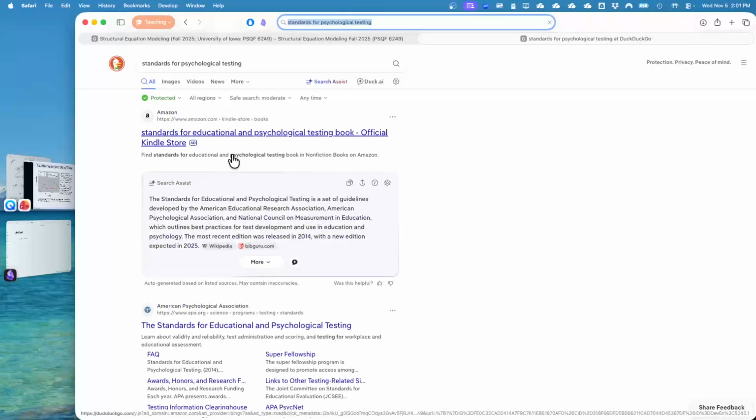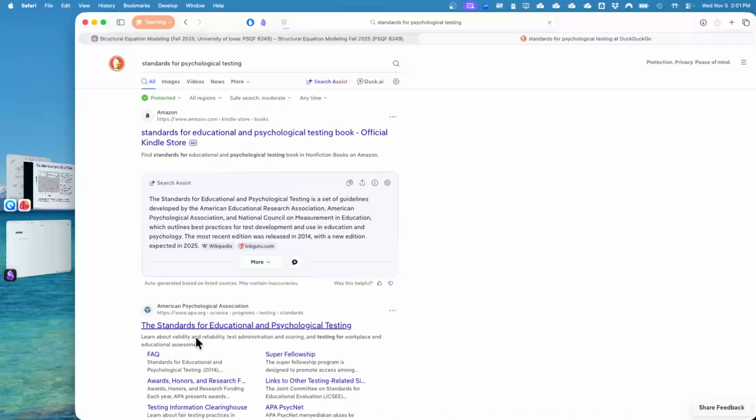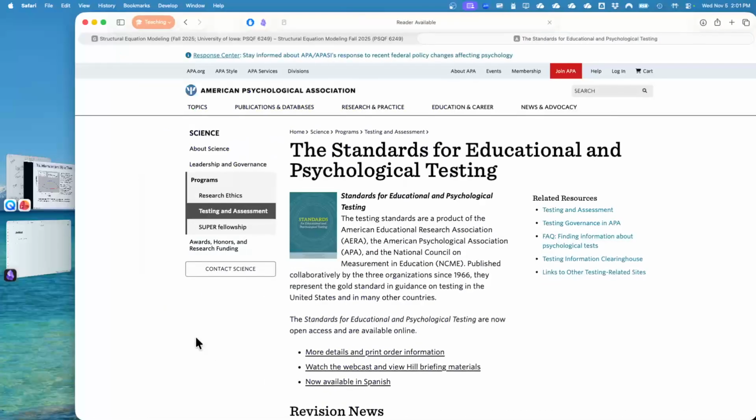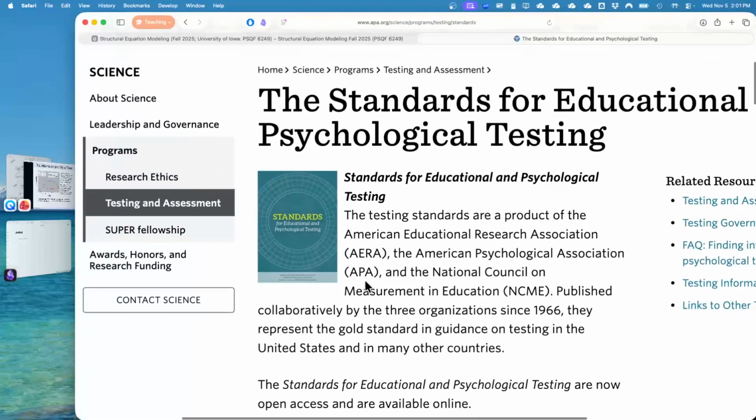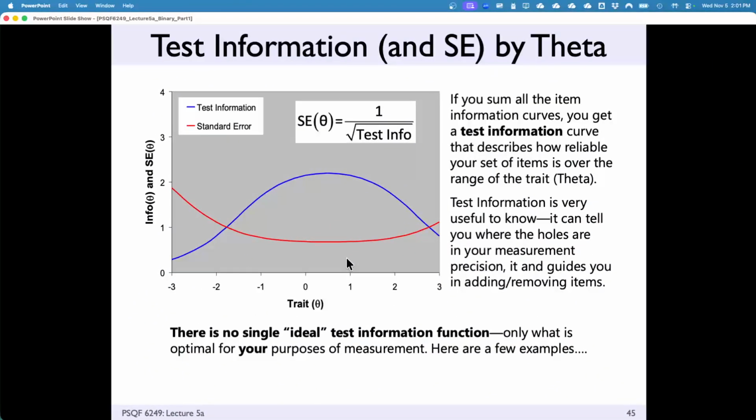This is a very heavily edited volume. You can see this is the APA website where it comes here. But this is basically the guidelines. If you're building psychological scales, you go here for best practices and guidelines on how to build it. In this book, it even describes not reporting reliability, but reporting conditional standard error of measurement.